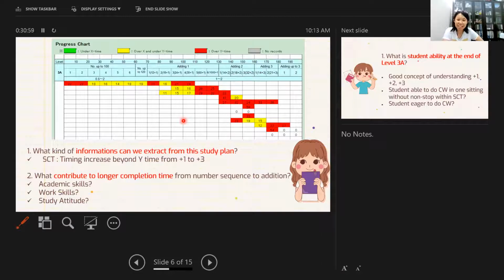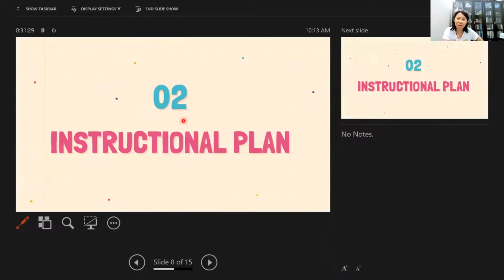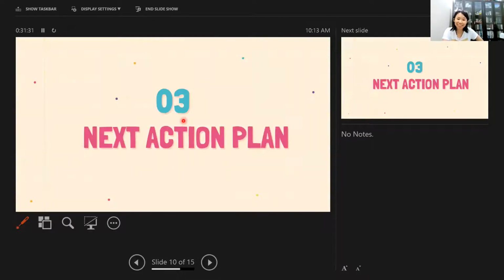Let's say for focus, maybe we stand beside him for another few pages, then we go around, then come back again, rather than let him do it himself. Let's say it's because of the academic skill, that means he has not mastered the +2 or +3. We will give some instruction on that. Then we have to replan again, repeat on the +2.